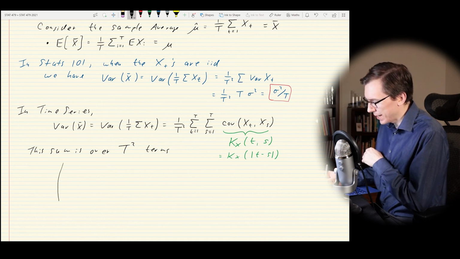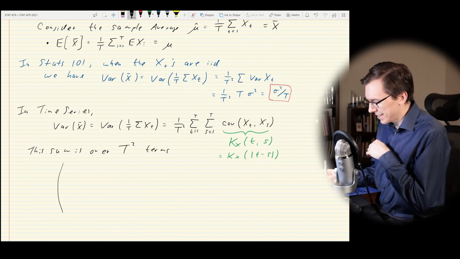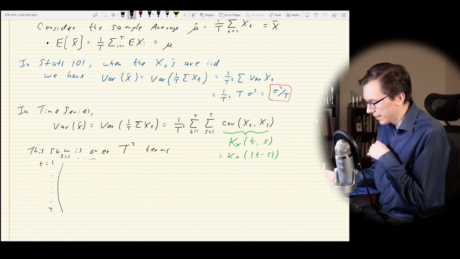And the terms in this sum, if we write them out as a big matrix, with little t from 1 to capital T and s from 1 to capital T, are going to look like K_x at 0 all the way down the diagonal.